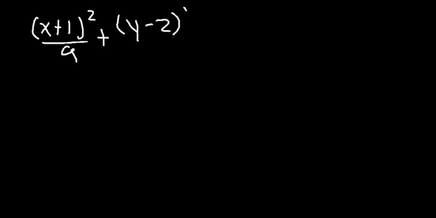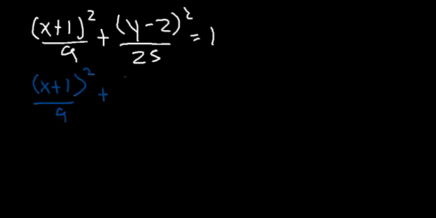So let's try an example where we have to find the x and y intercepts, just for the sake of practice. If you want to find the x-intercept, plug in 0 for y, and then solve for x.